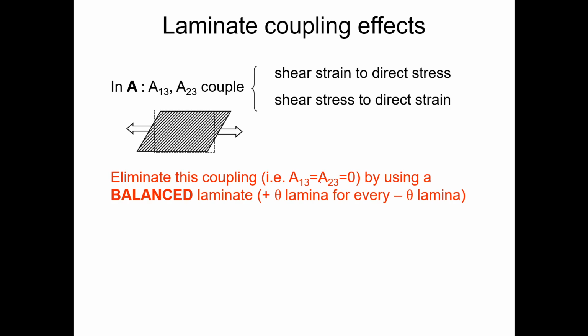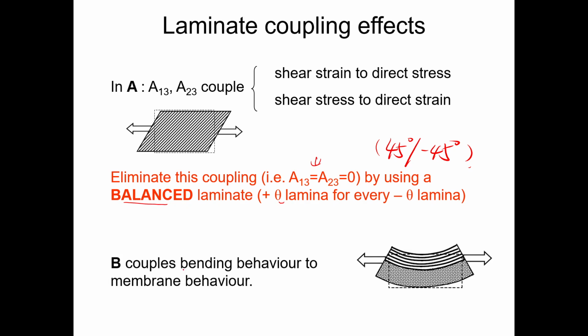Eliminate this coupling by making A13 and A23 equal to 0 using a balanced laminate. What that means is, whenever you have a positive angle laminar, you will have a negative angle to balance it out. For example, 45, and then you have minus 45. In that case, you will always get A13 and A23 equal to 0.